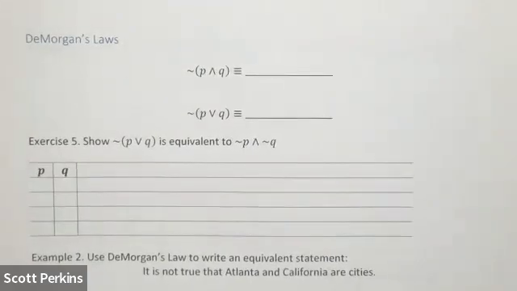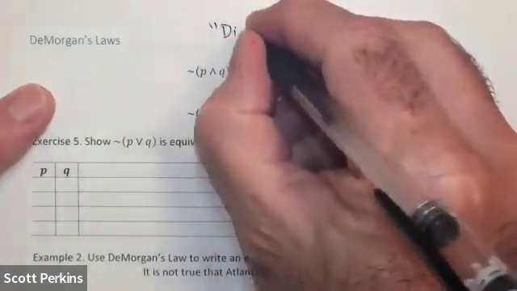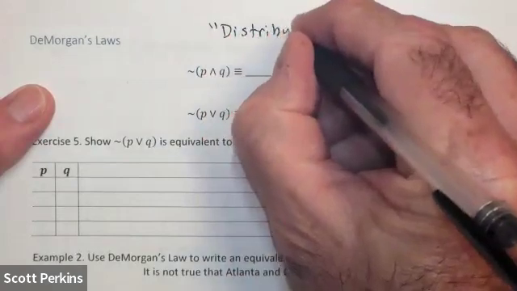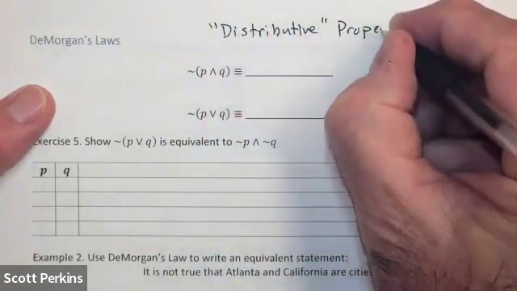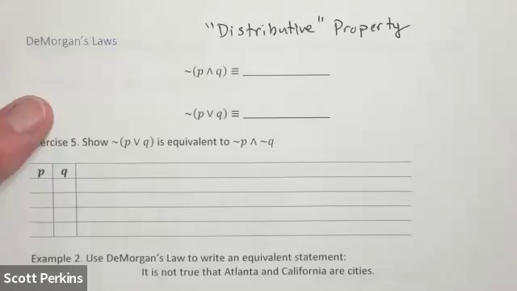And so this is an equivalence attributed to him. It's called DeMorgan's laws. DeMorgan's laws can be thought of as almost like a distributive property. It's not exactly a distributive property, but we can think of it like that.